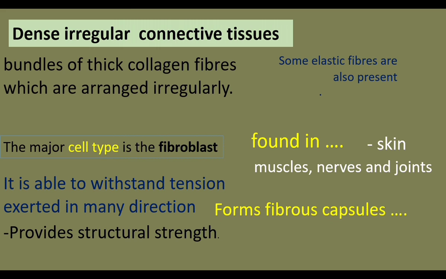It forms a fibrous capsule of organs. We learned in lower classes that the kidneys are surrounded by a fibrous capsule. The capsule of organs like kidneys, bones and cartilages are formed of dense irregular connective tissues.